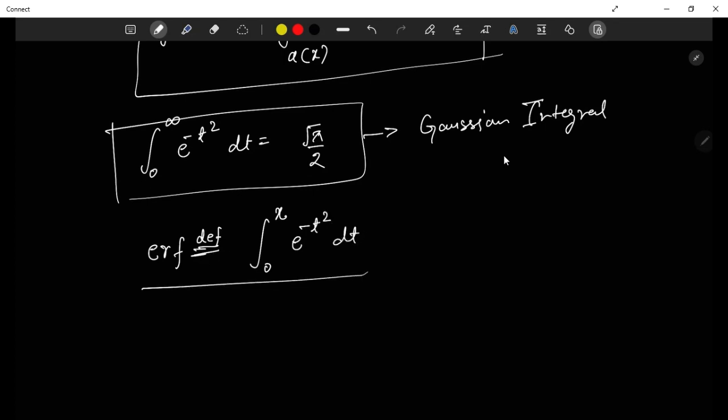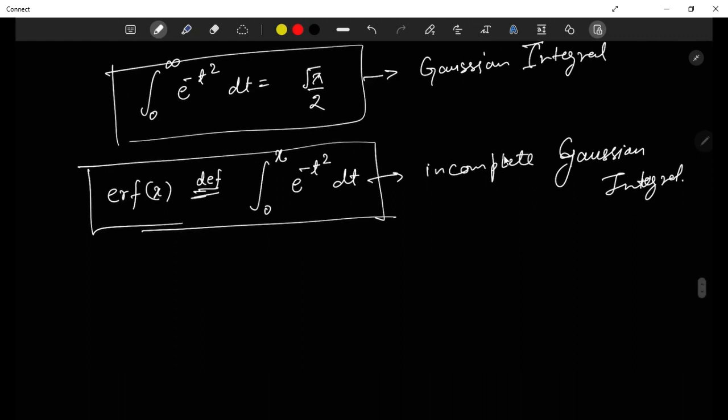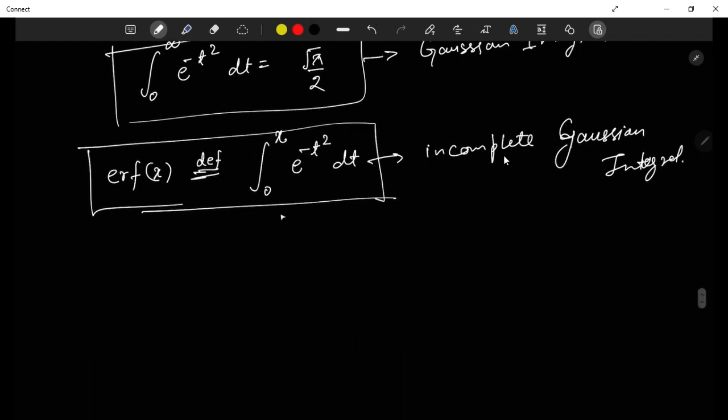So we are defining a function, the error function, like this. Here the limit is not a constant limit, it is variable, which is x here. So this is an incomplete integral, or you can say incomplete Gaussian integral. Okay, so you can't solve it in closed form.